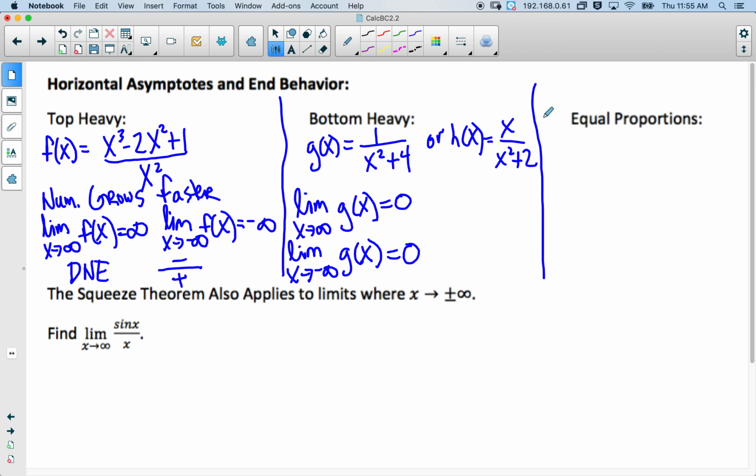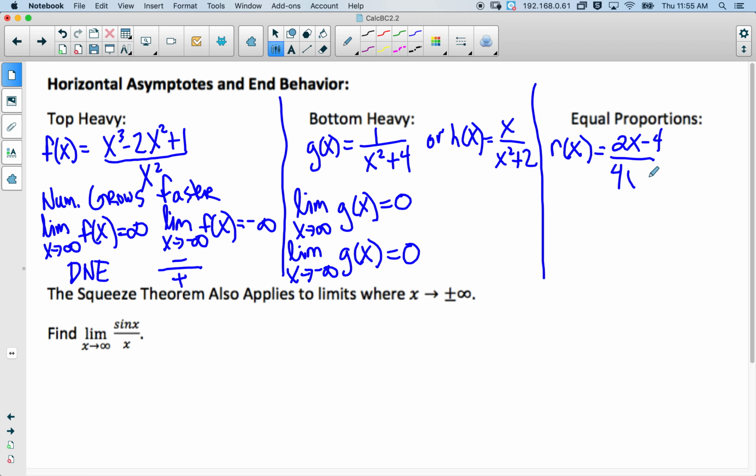And then equal proportions is going to be when, I already used h, so let me do r of x. Let's say r of x is equal to 2x minus 4 over 4x plus 1.